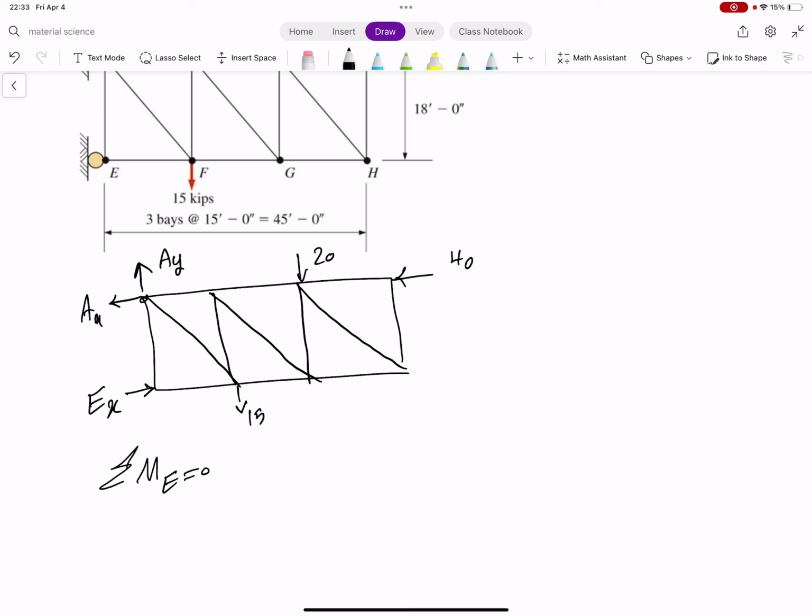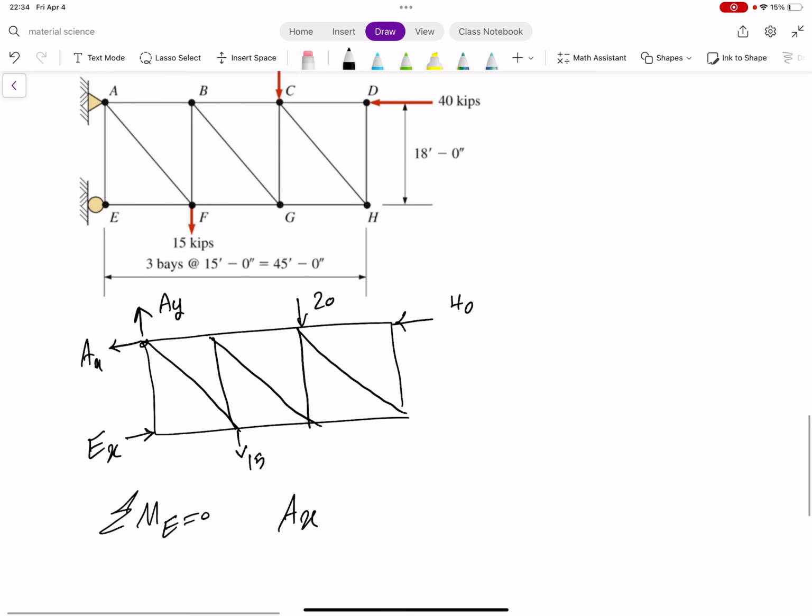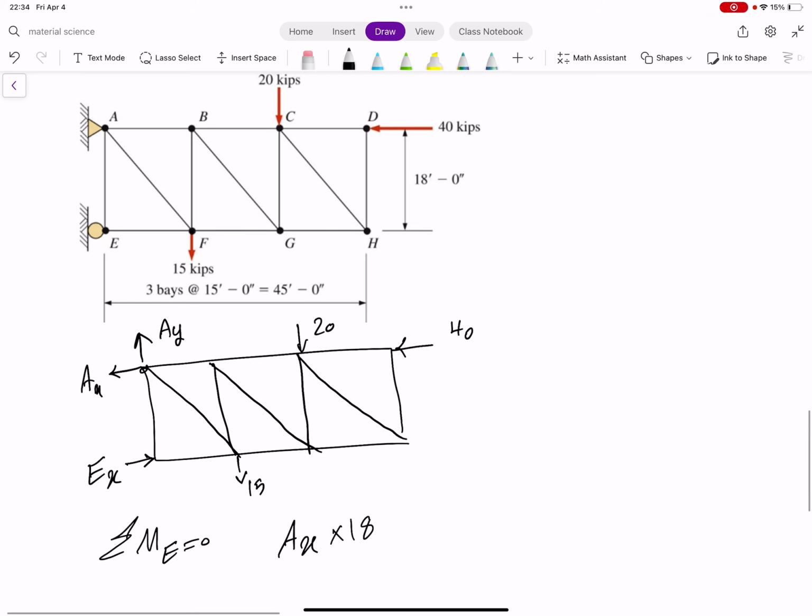So how can we do it? AX times distance. What is the distance? 18. And it's making counterclockwise, so positive. And then we have 15 at point F. What is the distance? Every bay is going to be 15. So it's making clockwise, so it's a negative 15 times 15 feet.